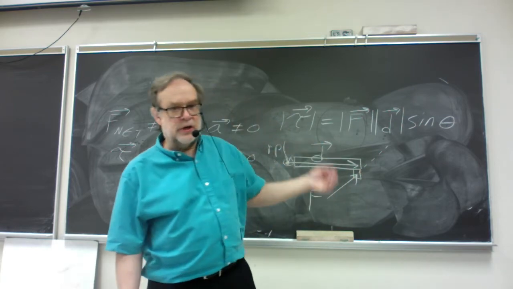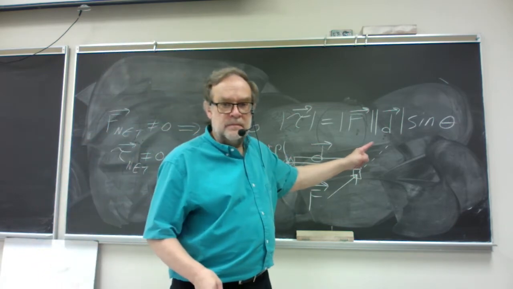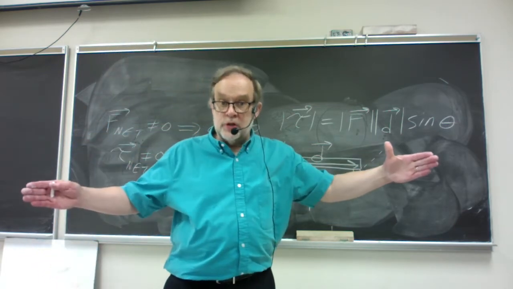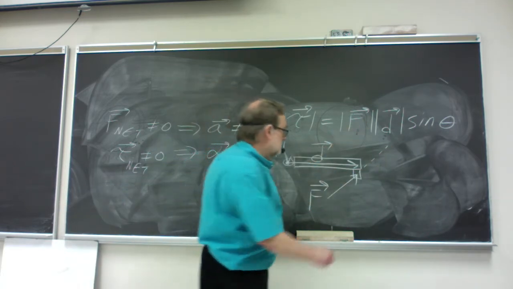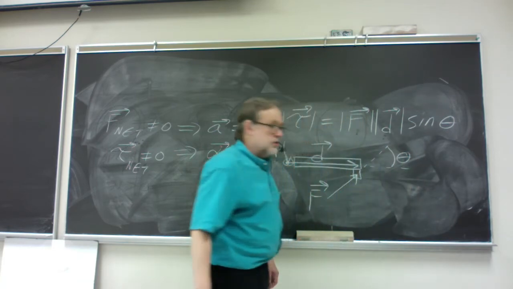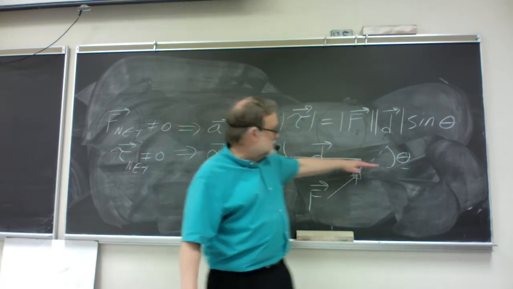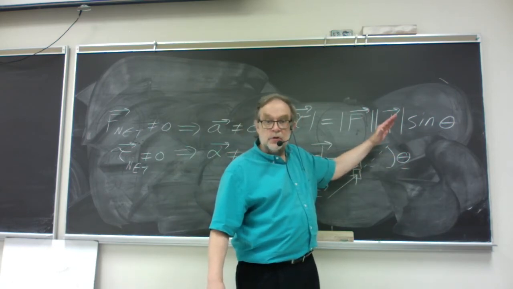So in this particular case, the magnitude of the displacement vector is just the width of the door. And then that sine factor, the angle in that sine factor is an angle between the displacement direction and the force direction.